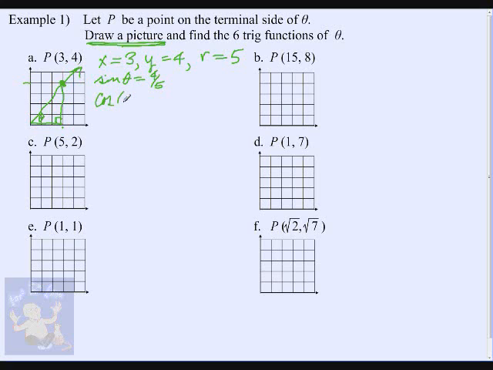Cosine theta is 3, that's our x, over 5. And tangent theta is y over x, it's 4/3. Now notice here, just as we had said earlier, sine is less than 1, cosine is less than 1. Can never be greater than 1, but look at tangent. No problem with it being greater than 1.